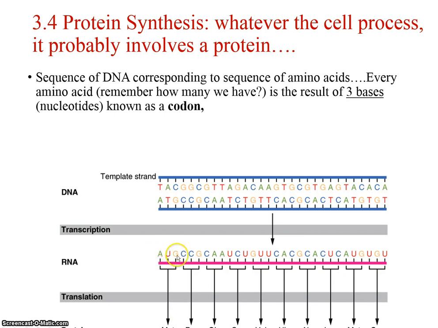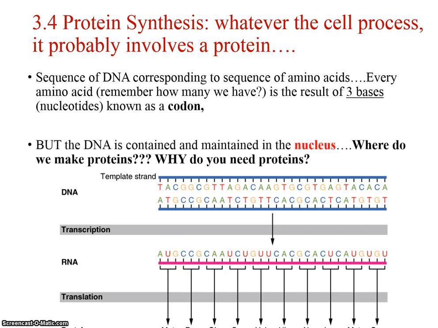And each codon, and there are 64 different ones possible, can only code for one specific amino acid. So AUG is methionine, even though you can't see this, and only methionine. UCU is serine and only serine. And so every 3 nucleotides are known as a codon for that reason, because they're codes.